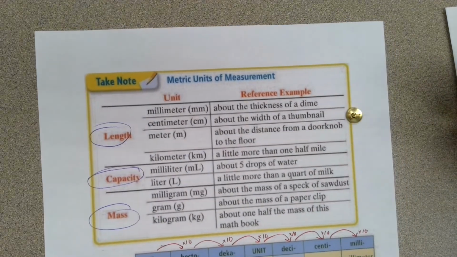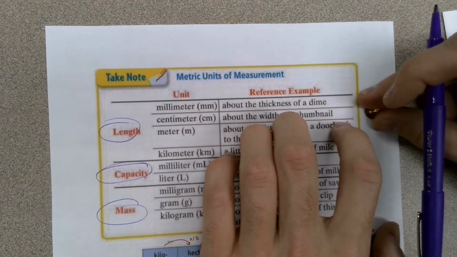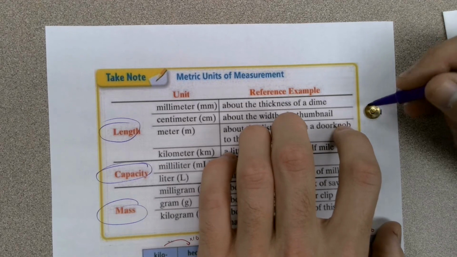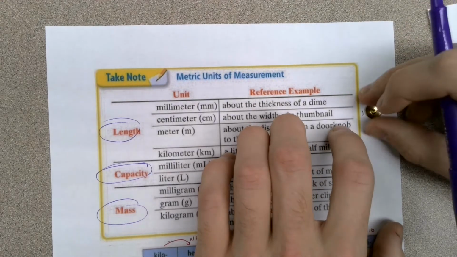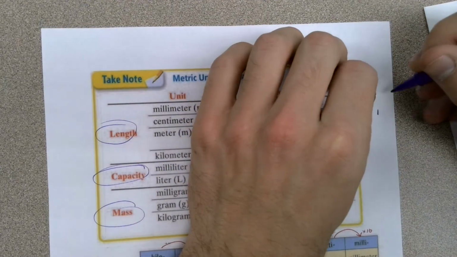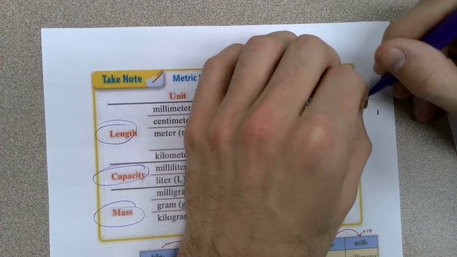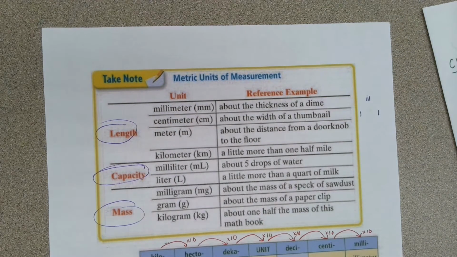There's my thumbnail. So I think the width of a thumbnail is probably about a centimeter. So I can imagine that being my centimeter. And it says a millimeter is about the thickness of a dime. So I'm just going to use this. A little bit smaller than that even. So just a quick reference.